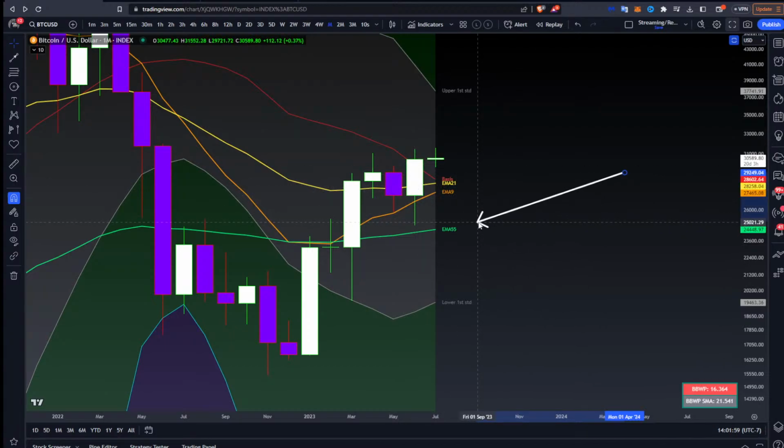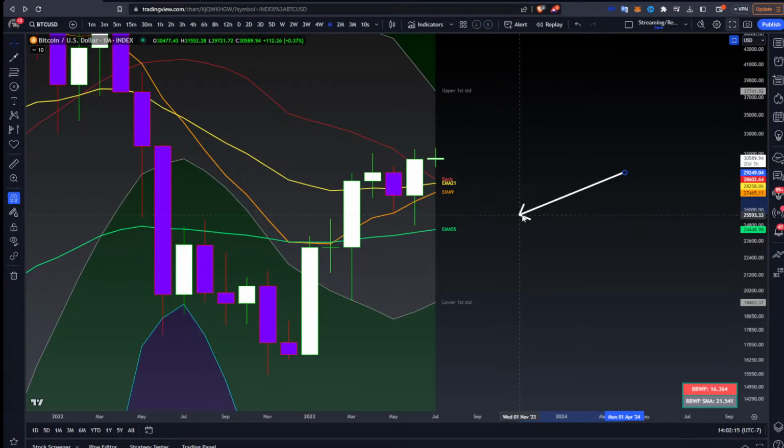That still leaves the door open for a drawdown to the 55, somewhere around the $24,500 area when looking at the monthly.